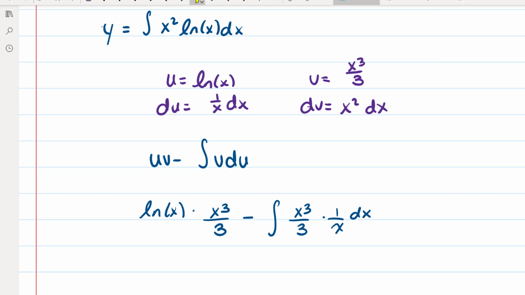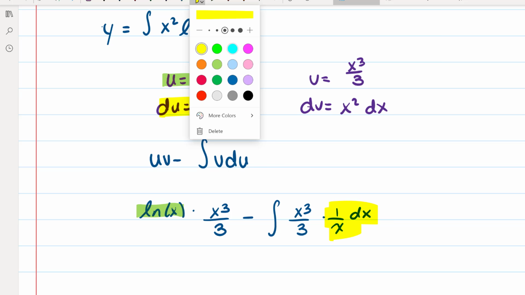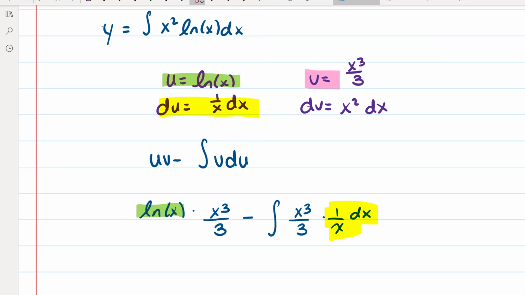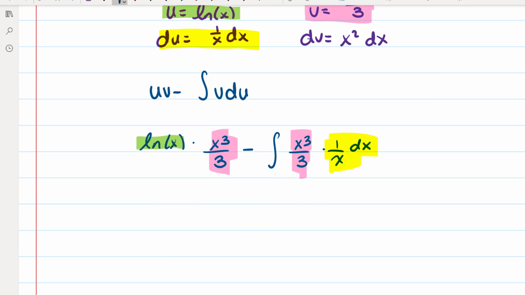So just to be very clear about where all the pieces are going: du goes here, u goes here, and v goes here and here. So uv minus the integral v du. So I get x cubed ln of x over 3 minus 1/3 times the integral of x squared dx.